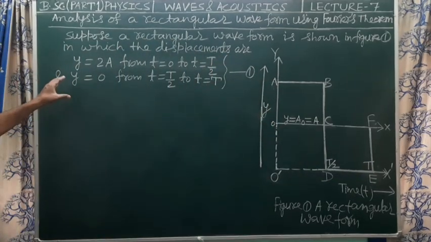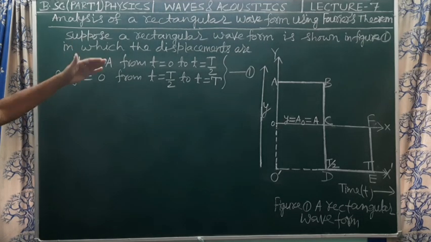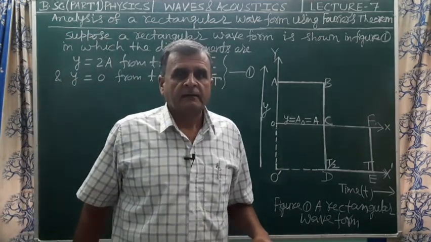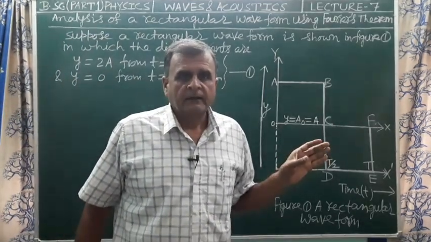With the help of these two displacements given for a rectangular waveform, we have to obtain the Fourier series of the rectangular waveform.